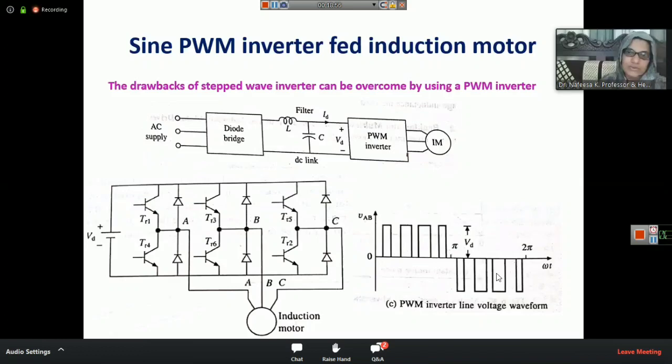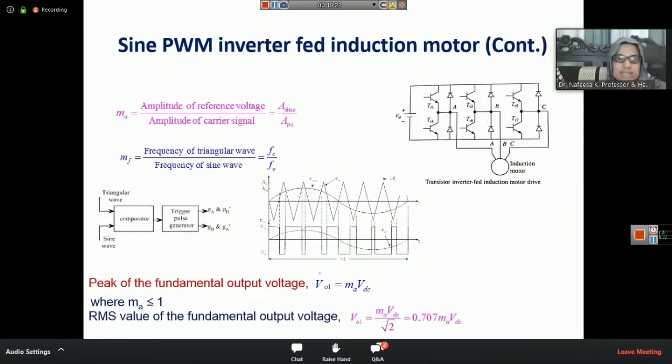When you are doing projects and studying different applications, you will see PWM often. What is actually the concept behind PWM? This is the final output voltage, and I will show you how these voltages come from the PWM. This is a sinusoidal PWM inverter for induction motor control.